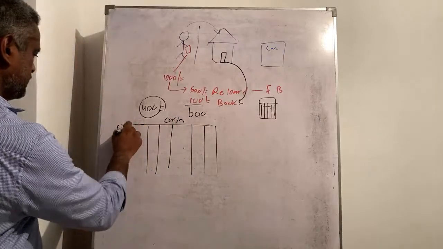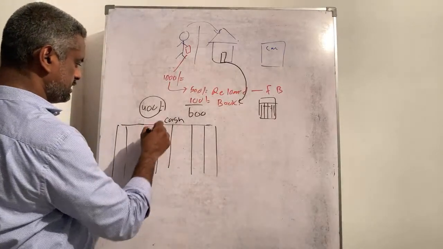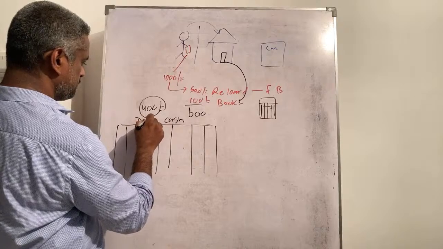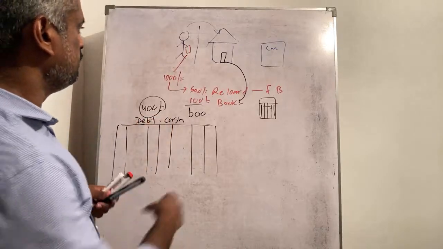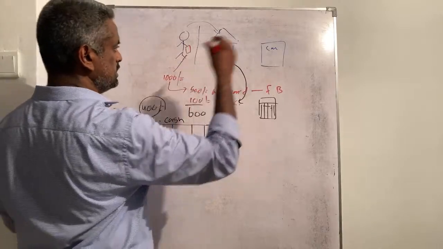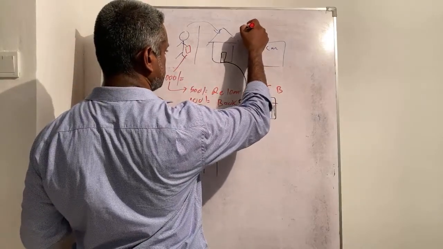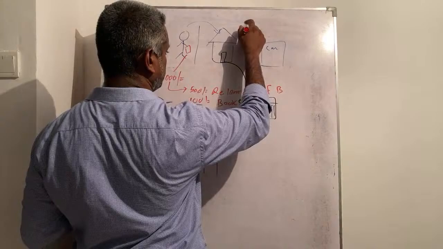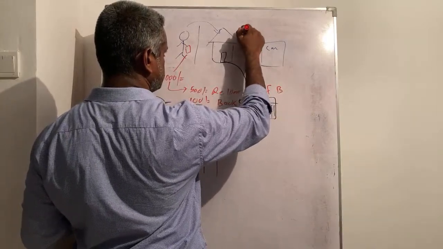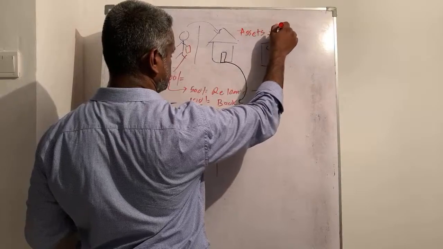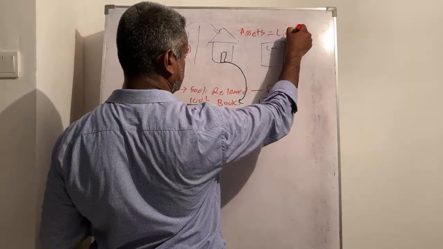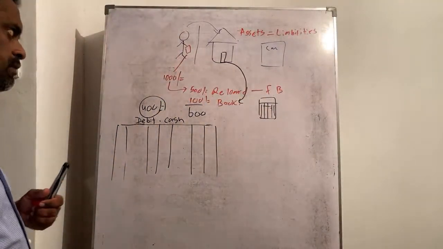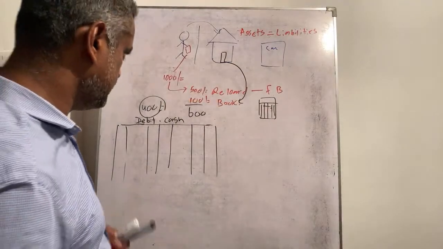Then you will have the date, description, and references, and this is the debit side. I told you last time, with this concept you will have the accounting equation, that is assets equal liabilities, right?